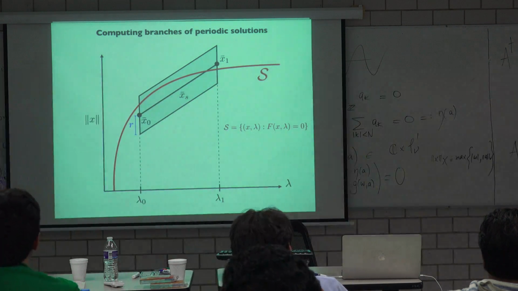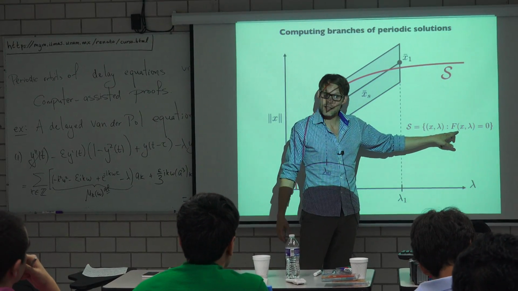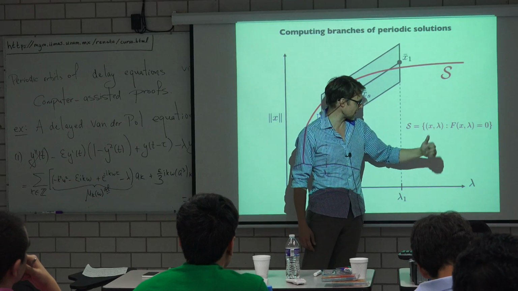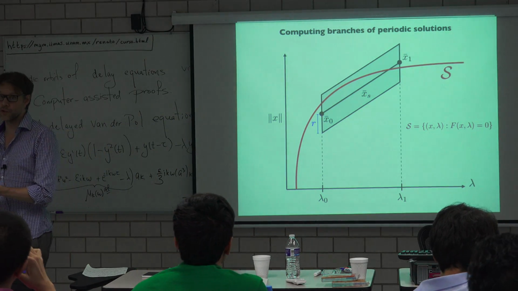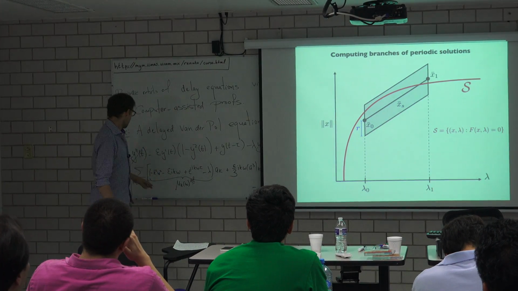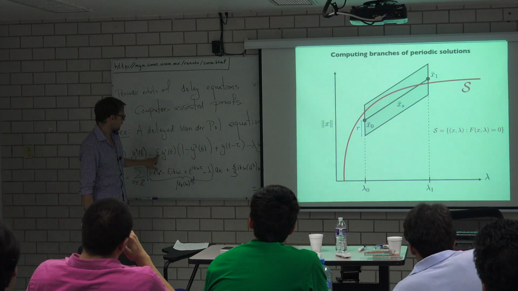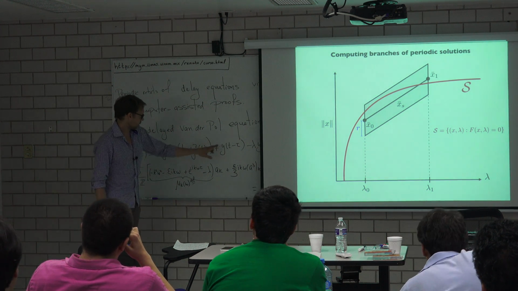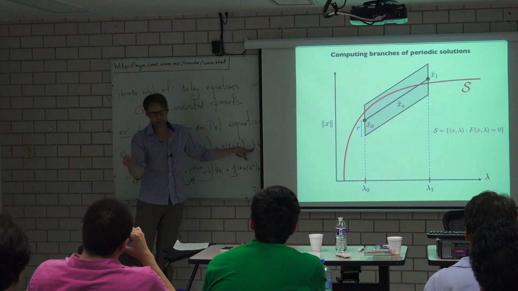Now I have a map F that is posed on some Banach space X, say, going into another Banach space Y, and it depends on the parameter. For the sake of simplicity, I'm going to consider just one lambda. It could be in R2, it could be in Rn. But this is exactly what I have here, because for what I'm going to talk about, I'm going to fix the epsilon, I'm going to fix the tau, and that lambda is going to stay, as Nussbaum did, a parameter.